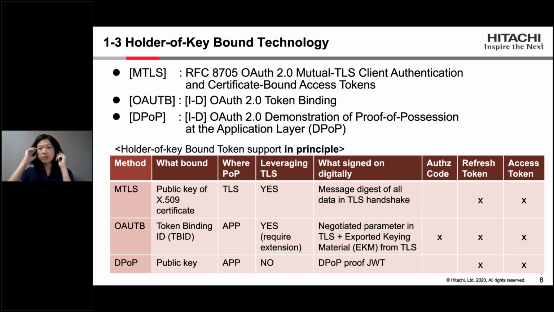Then MTLS and OTB both leverage TLS, while DPoP does not. And MTLS only requires standard TLS, while OTB requires not only standard TLS, but also its own TLS extension.